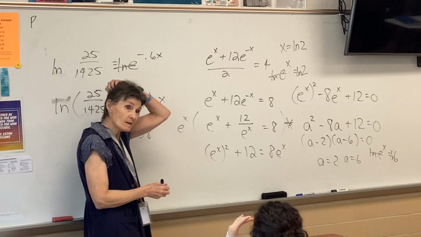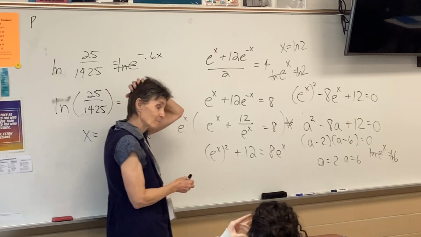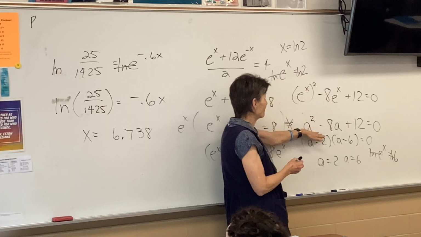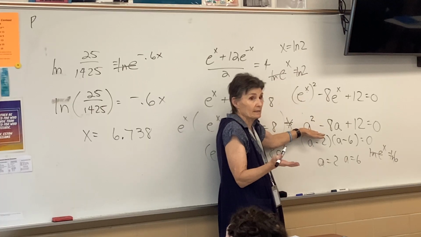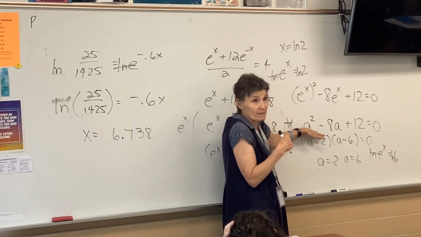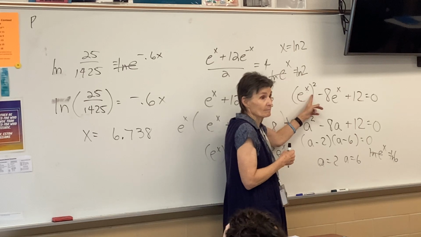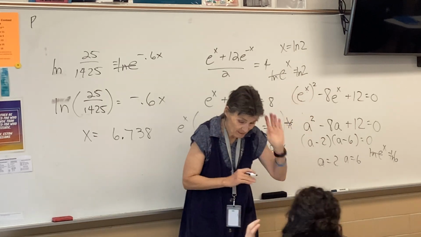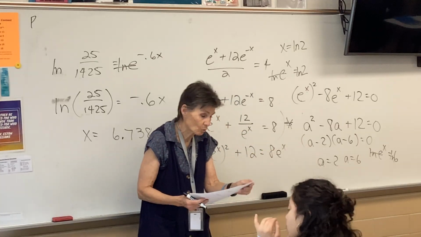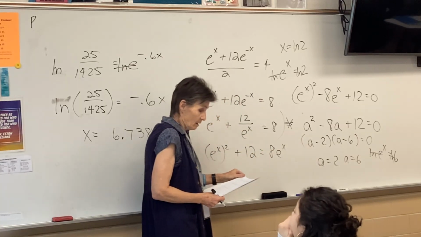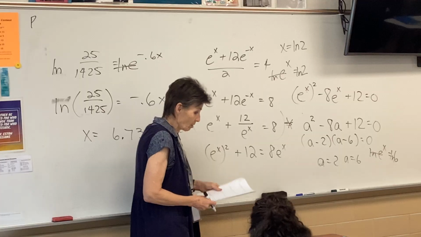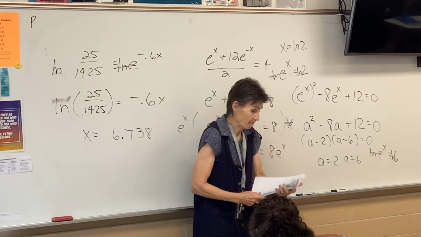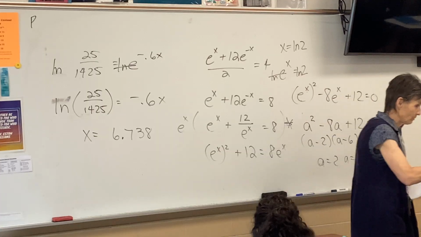So the key to doing that problem is right here, recognizing you have a quadratic equation, basically, but your variable is e to the x. Okay? I want you to see that even though it's not going to be on your test or quiz. All right, now we're moving on to, no, one more thing.